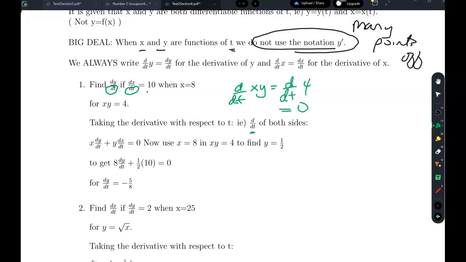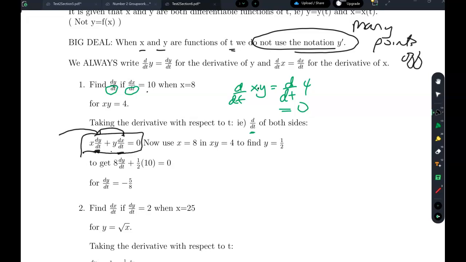So the right-hand side turns into 0. This left-hand side, I can see there's a product rule. So I need to do first d second. D second has to be written as dy over dt plus y d first. The d first has to be written as dx over dt. Okay, phew, got the equation.